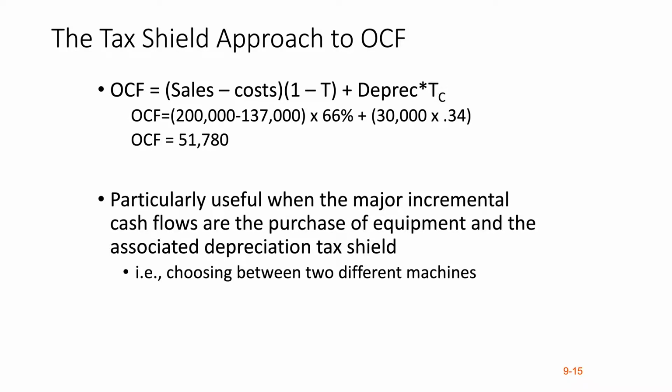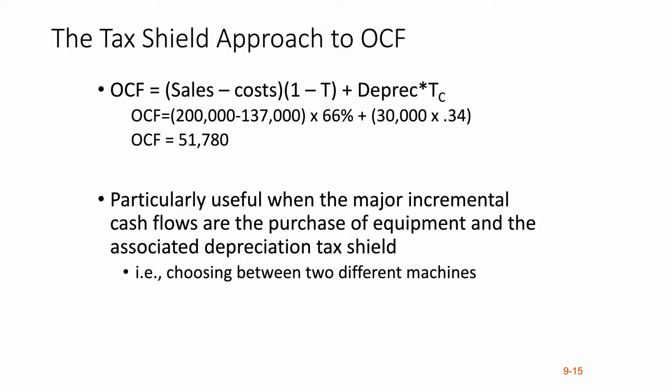For example, you buy two different machines with different depreciation schedules. How do we do that calculation? Operating cash flow is equal to sales minus cost, the difference times 1 minus the tax rate, plus depreciation times the corporate tax rate.